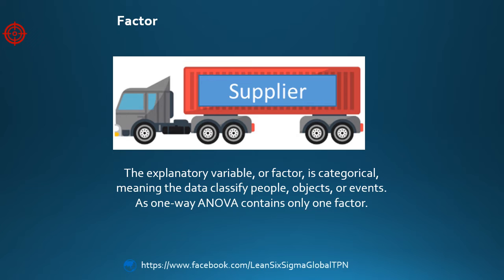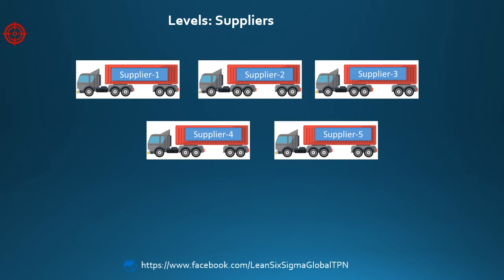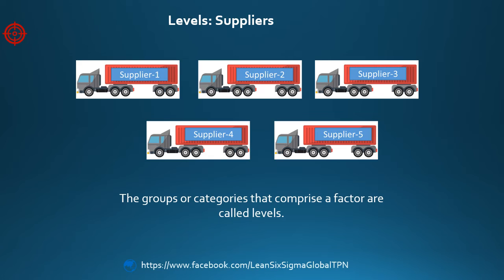A factor is categorical, meaning the data classify people, objects, or events. In one-way ANOVA, there's only one factor. Each of the 5 suppliers represents a level or a group within the factor. Therefore, the supplier factor has 5 levels.